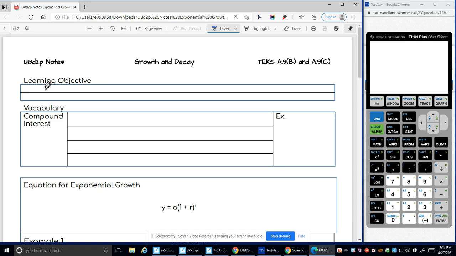I will identify the initial value, common ratio, domain and range of an exponential function, and apply it to real-world problems.